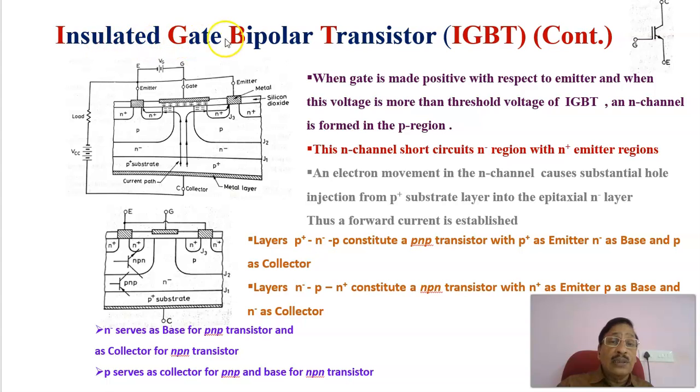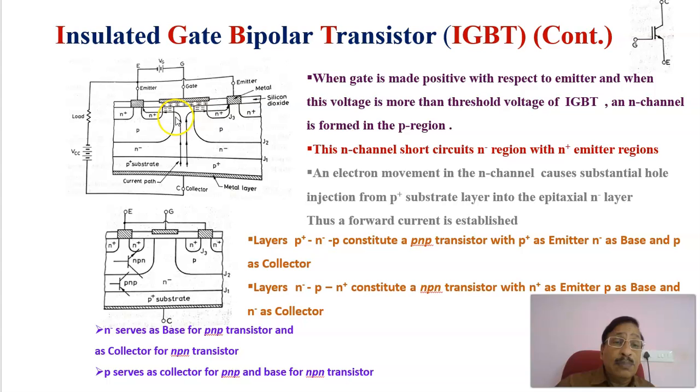Continuing the structure of the insulated gate bipolar transistor, IGBT, this is the structure. When the gate is made positive with respect to the emitter, that is, this is the gate terminal and these are the emitter terminals, and when this voltage is more than the threshold voltage of the IGBT, above which the channel will be established, an N channel is formed in the P region.